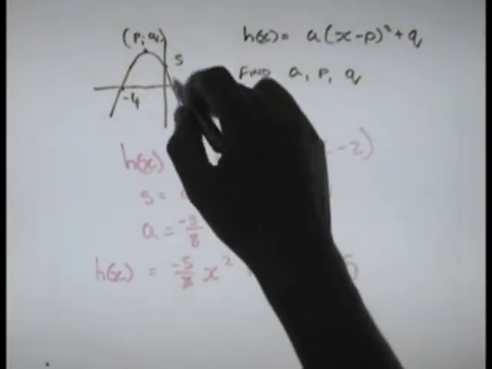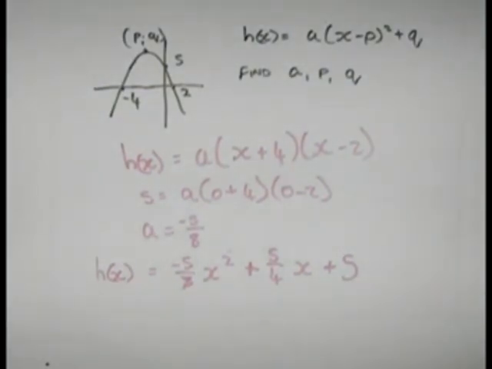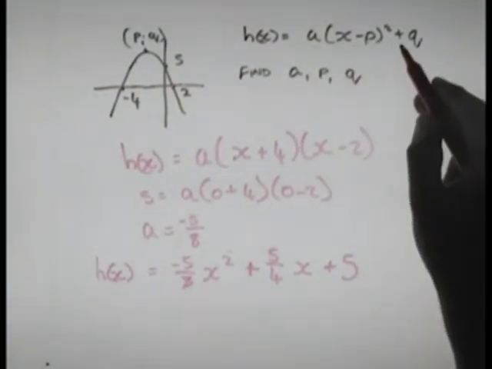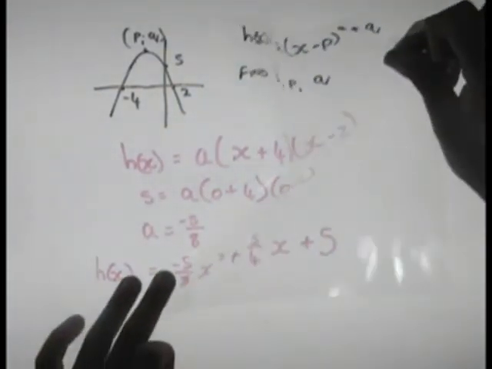That makes sense because that is my y-intercept at positive 5. I still need to get it in the form a (x minus p) squared plus q.